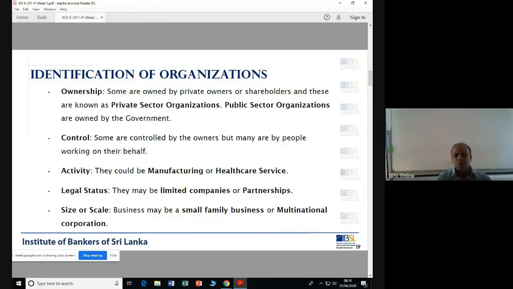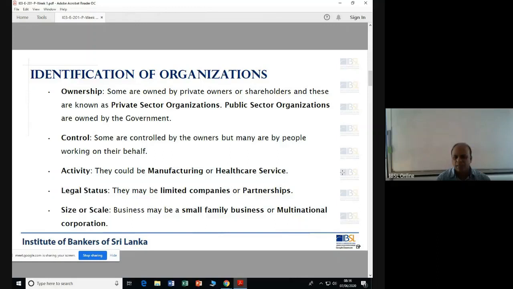As we know, organizations can be broadly categorized into two. Some are owned by private owners or shareholders, which I will explain in detail later on, who a shareholder is. And these are known as private sector organizations.